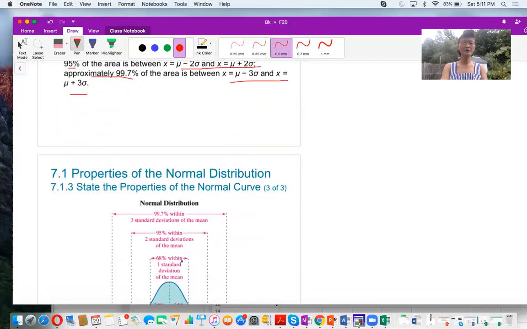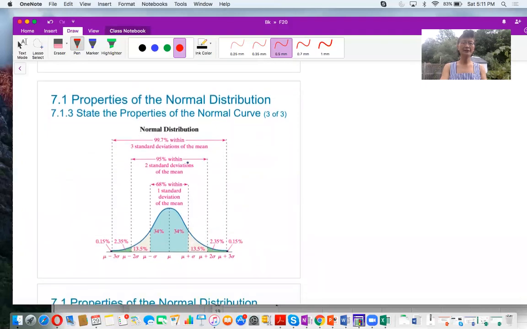That is the empirical rule, as explained in this graph. So 68% within 1 standard deviation, 95% within 2 standard deviations, 99.7% within 3 standard deviations.